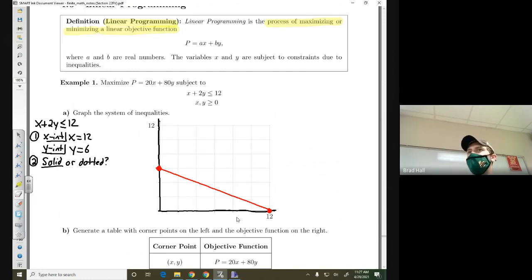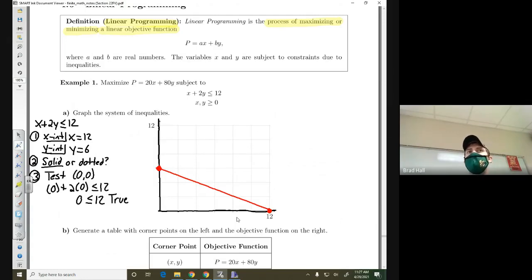Since there's no other lines to graph, we can just go ahead and start shading. By that, we're testing (0, 0), which tells us whether we shade above or below the corresponding line. Remember, that means we plug in 0 for x and 0 for y in our corresponding inequality. We get that 0 is less than or equal to 12, which is a true statement.